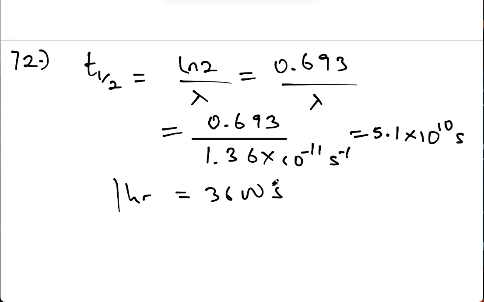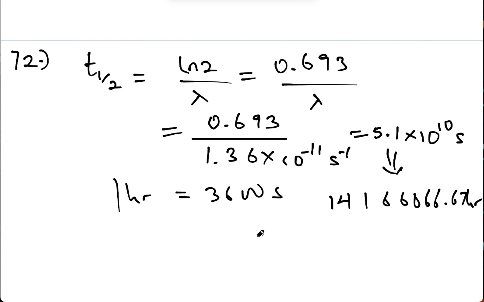It's still giving me a big number, so we can try converting from hours to days. All of this time is actually 141,666.67 hours.